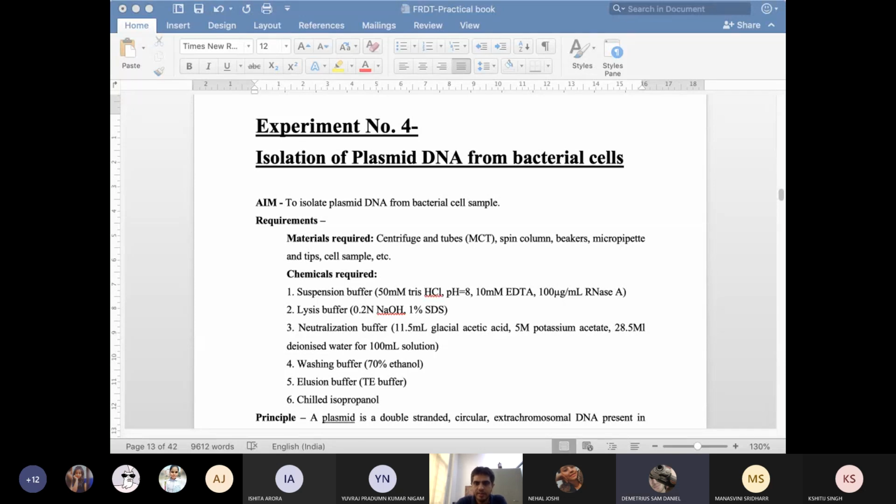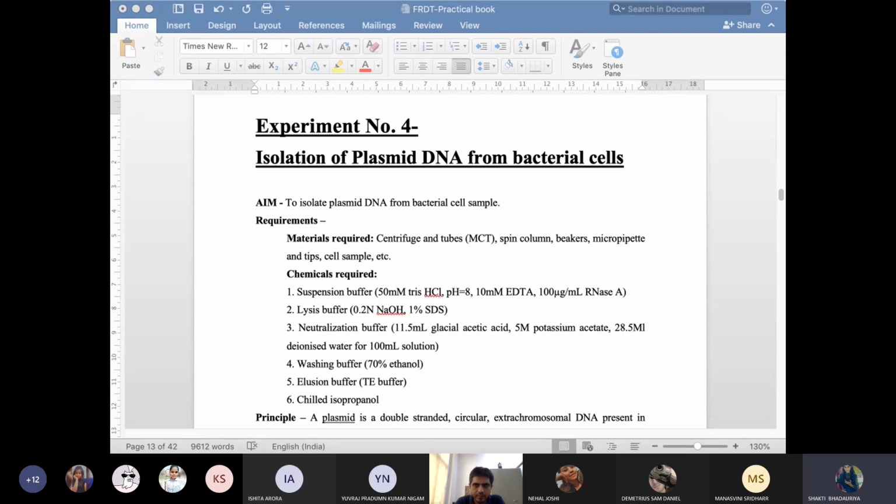Okay, so this is one thing. Any other differences? They are extra chromosomal. They are not required by the cell to survive.